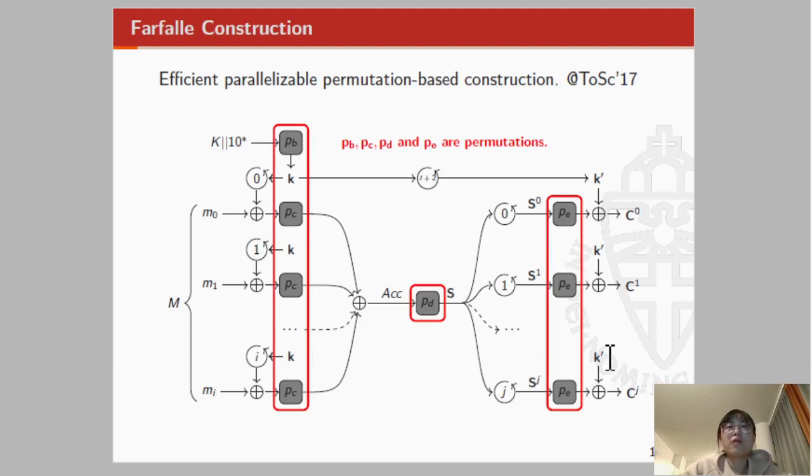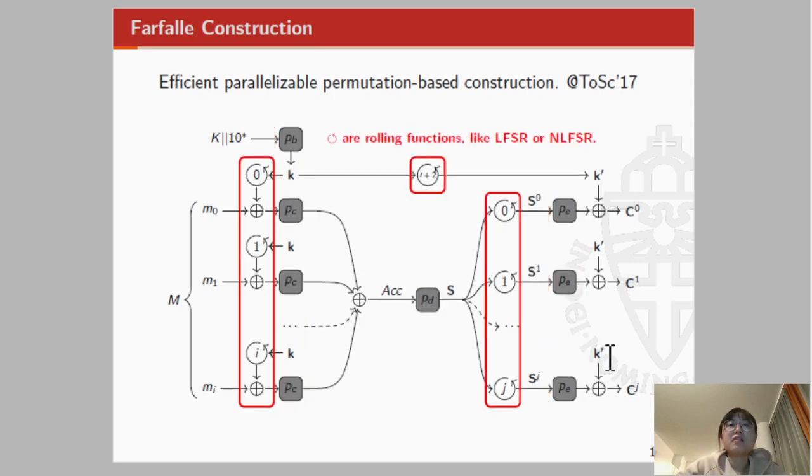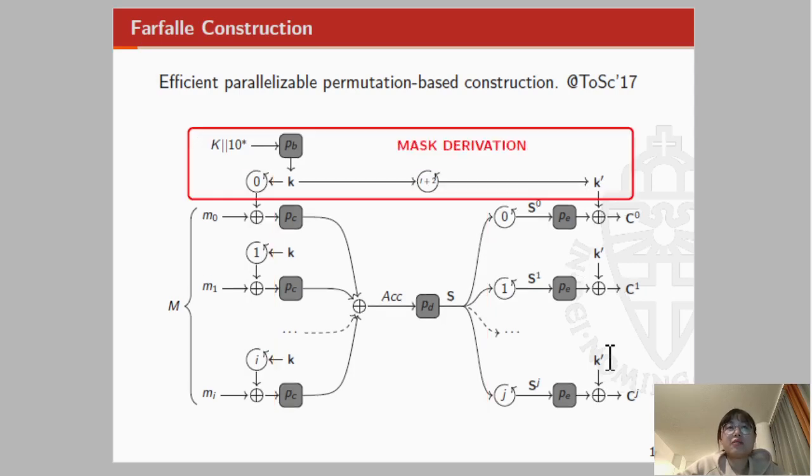The first one is permutations, including PB, PC, PD, and PE. The second is rolling functions, like LFSR or NLFSR.